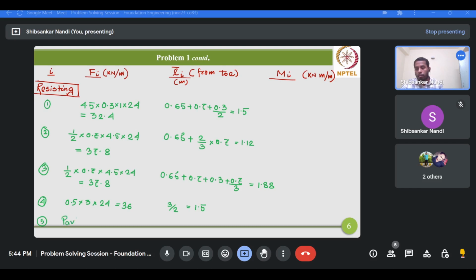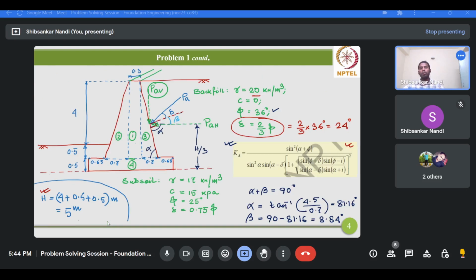PAV equals the value we have got, 40.67. Now what is the lever arm of this PAV? Can you please let me know what the lever arm of this PAV is?